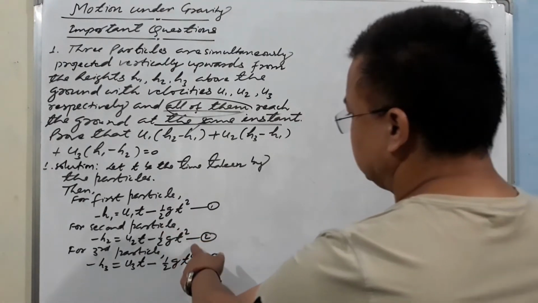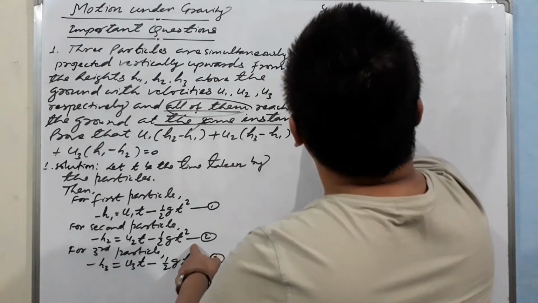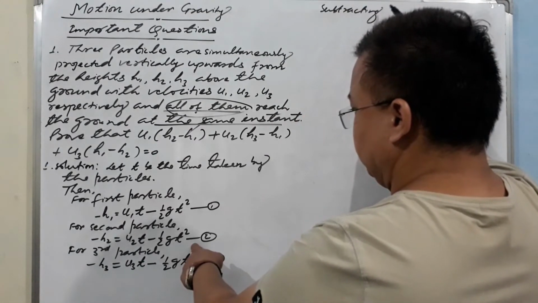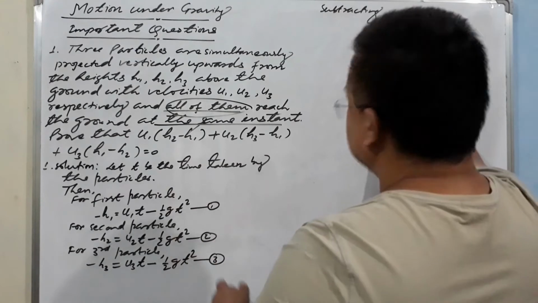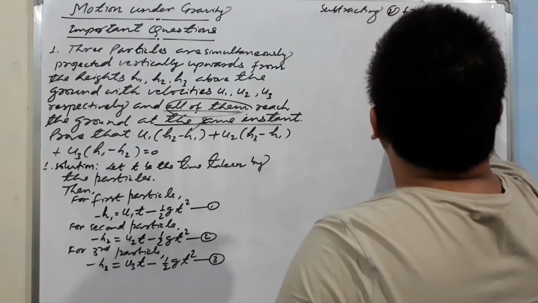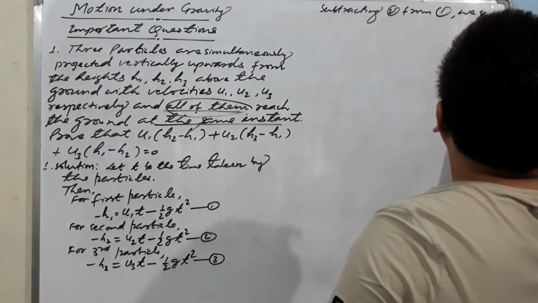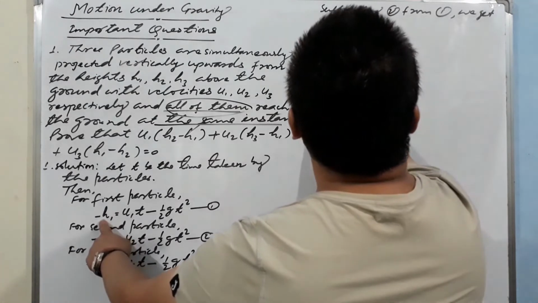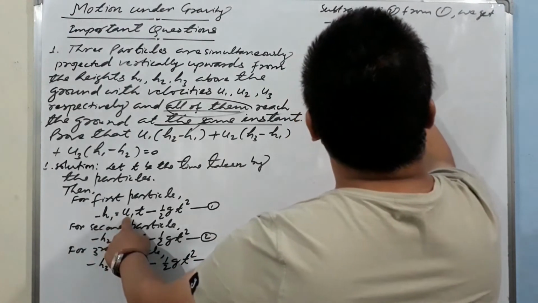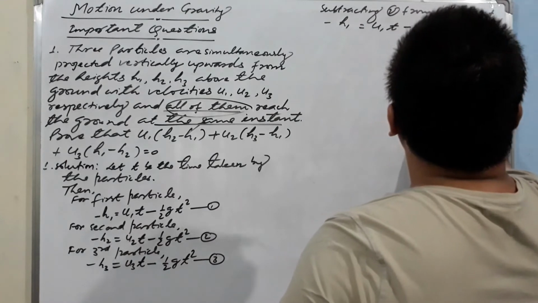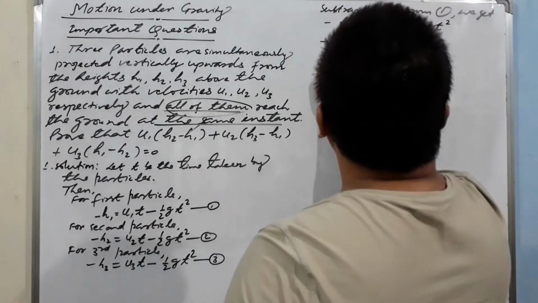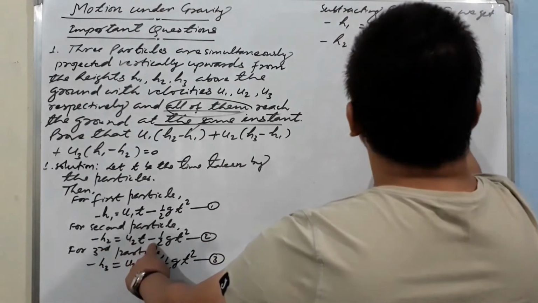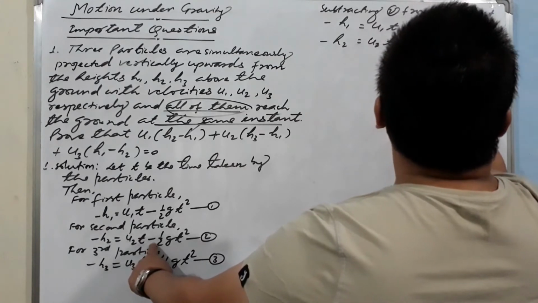Now I'm going to subtract, because we need h2. Subtracting second from first, we get minus h1 is equal to u1t minus half gt square, and second, h2 is u2t minus half gt square.